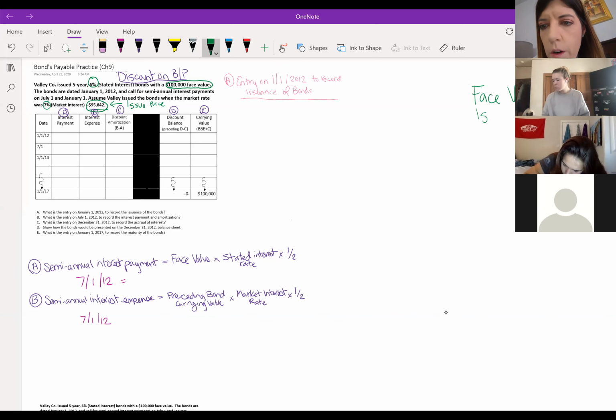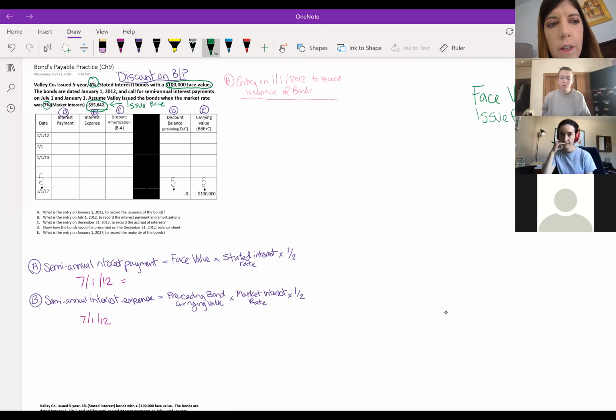We compare that to our issue price, which was 95,842, and we're subtracting that to get the discount on bonds payable. How much less cash we received when we issued the bonds. So 4,158.